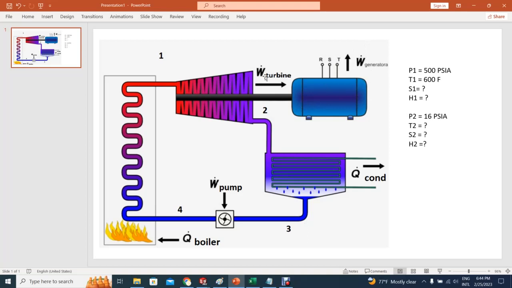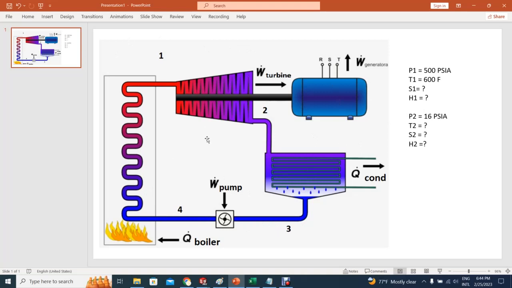So the power from the turbine will generate the power that is coming from the generator. And now the exhaust from the turbine or the expansion engine will go to the condenser where all that remaining vapor will be condensed and then pumped back again into the boiler. So this is what we call the Rankine cycle.